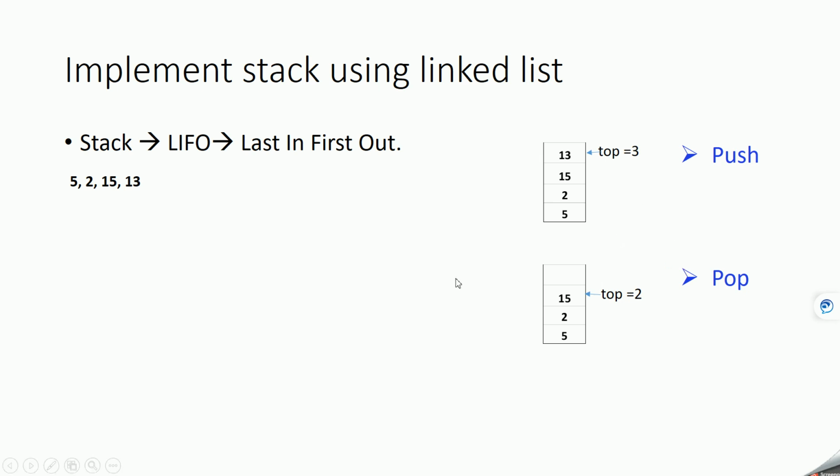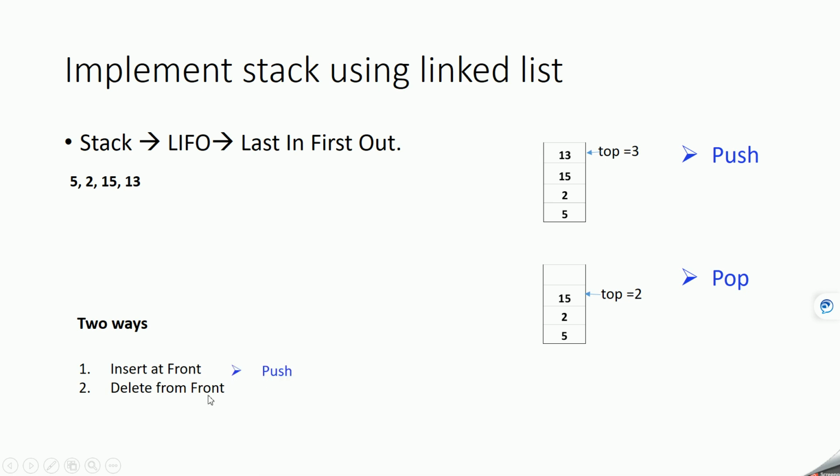Now we have to implement this last in first out behavior with the help of a linked list. There are two ways you can implement stack using linked list. The first way is by adding the data at the front of the linked list and deleting the data from the front of the linked list, that is the start of the linked list.